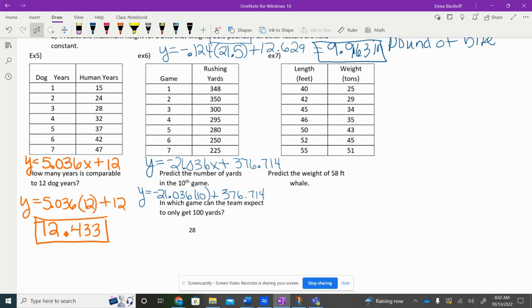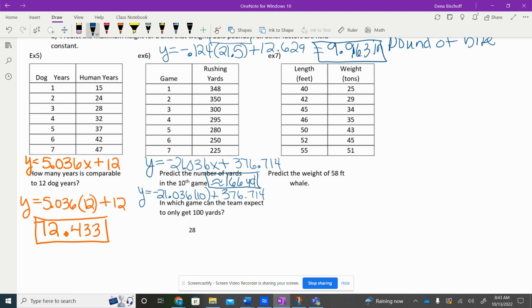Is anyone calculating that, or do I need to pick up a calculator? Everyone's looking at me. What'd you get? Okay. I got 587.07. Okay, you forgot to make that negative because I got about 166. It's about 166 yards.